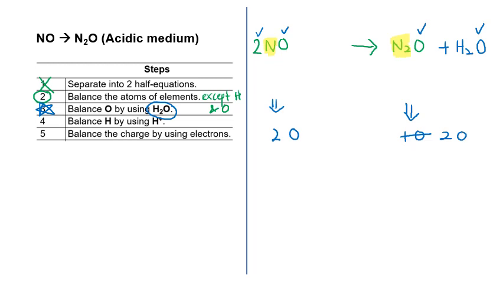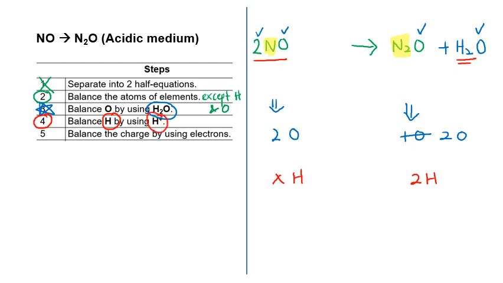Okay, then now we proceed to step number 4, where we're going to balance the hydrogen. So when we look at this formula here, there is no hydrogen. But at the right hand side here, we have 2 hydrogen because each H2O contains 2 hydrogen atoms. Okay, then now we are going to add the H plus.